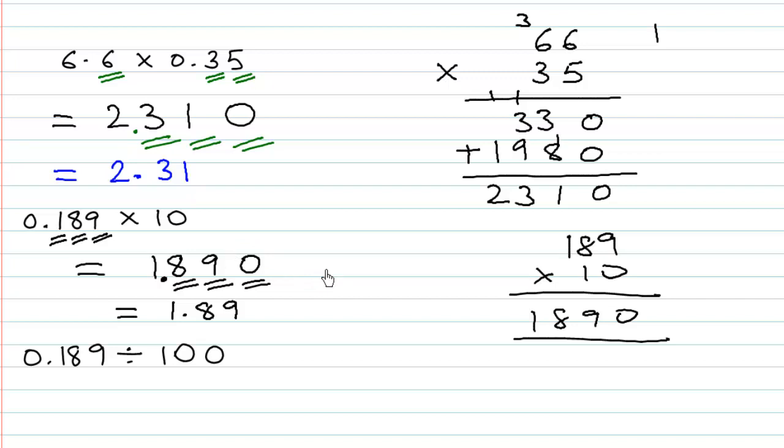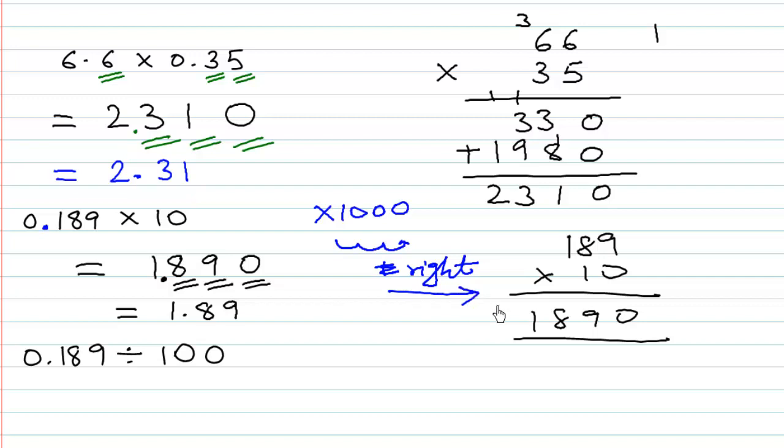But there is a simpler way to multiply 10 to the number 0.189. Whenever we multiply a number by 10, 100 or 1000, we shift the decimal point towards the right.